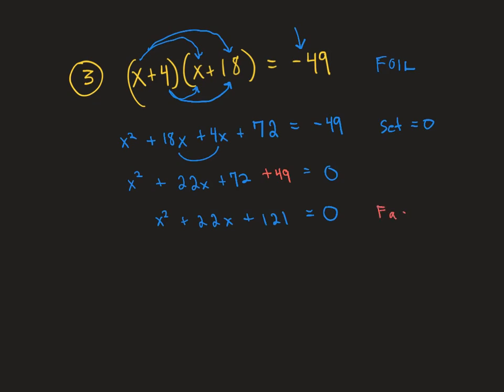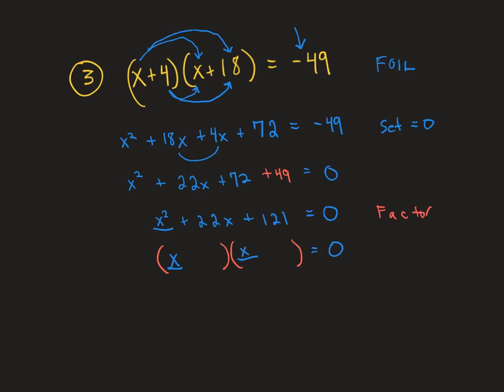Then what you'll want to do is factor. We've got a trinomial here on the left, x squared plus 22x plus 121. Trinomials are going to factor into two parentheses. The first thing in both those parentheses has got to multiply to be x squared. Usually the easiest part, it's going to be x and x.